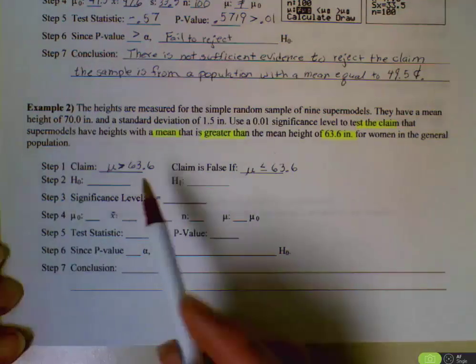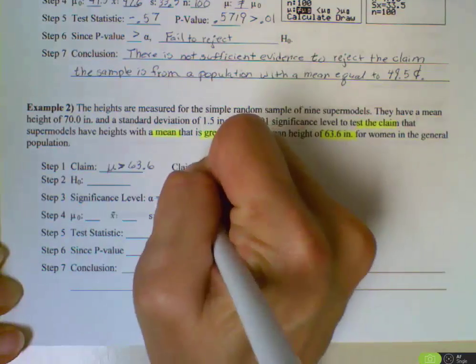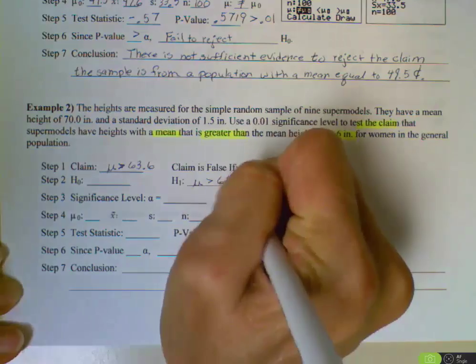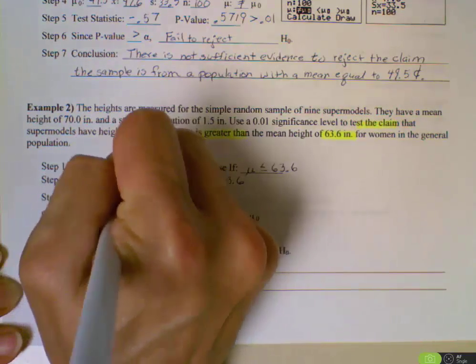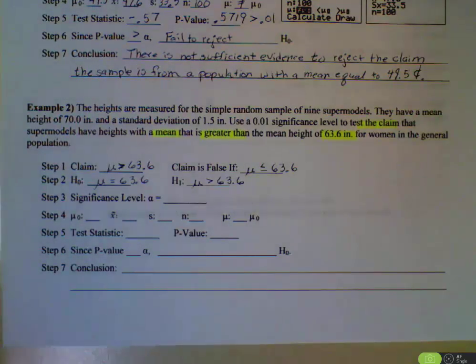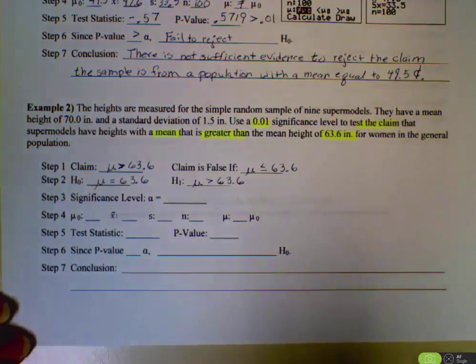The alternate hypothesis is the one of these two that does not have the equals. So the alternate hypothesis is that the mean is greater than 63.6, and the null hypothesis is that the mean equals 63.6. We're told to use a 0.01 significance level.